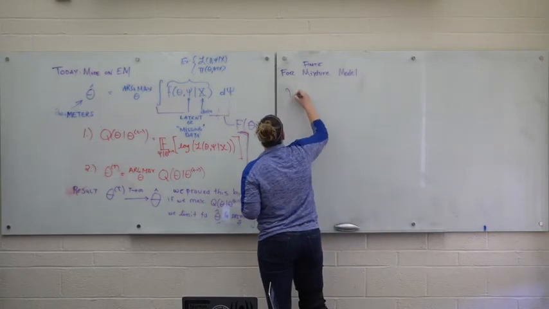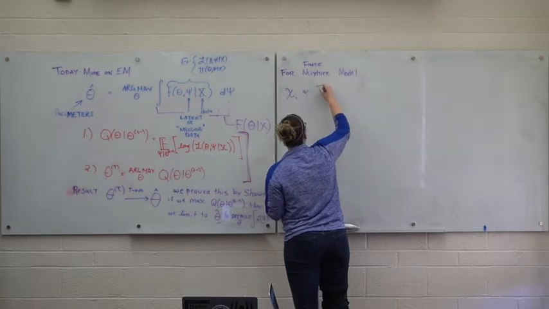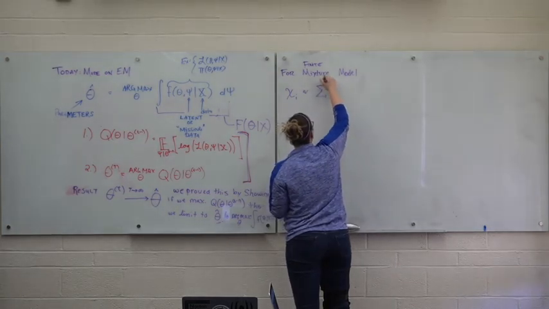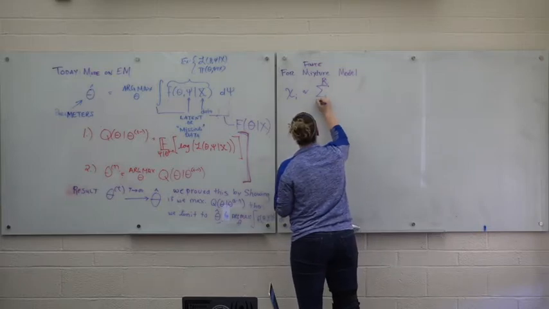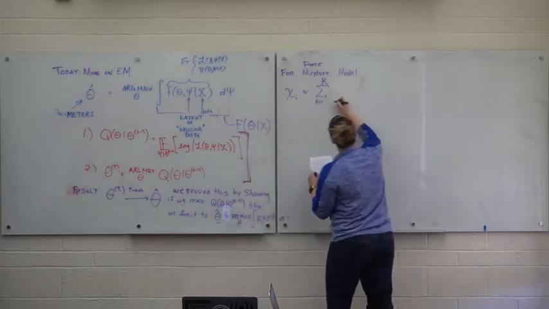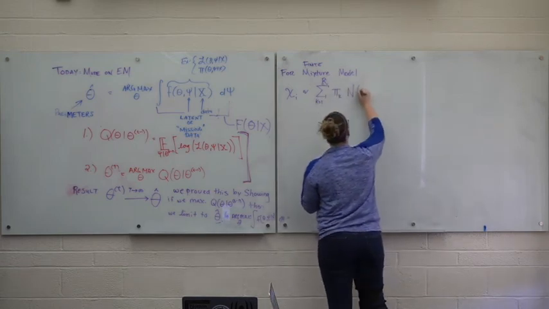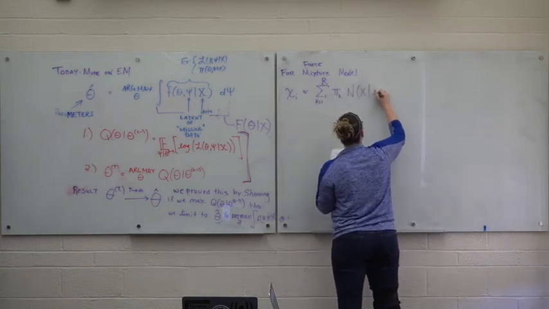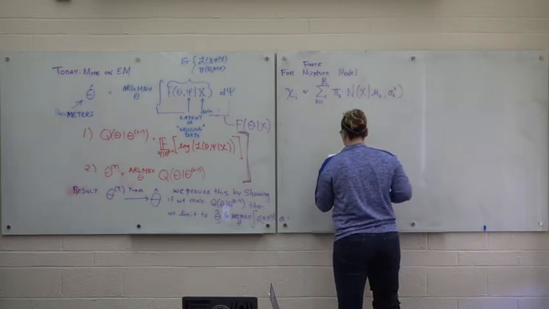We're going to say that our x's, small k, pi k, normal, x conditioned on mu k sigma square k.